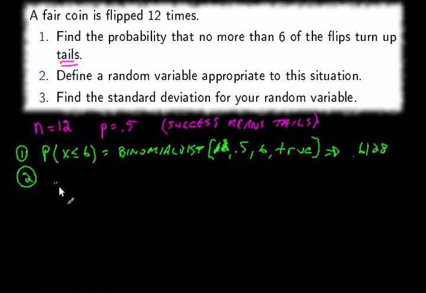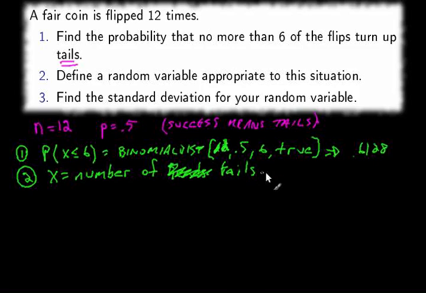Number 2. Define a random variable appropriate to this situation. So even though we didn't talk about it by x, we mean x being the number of tails in 12 flips.